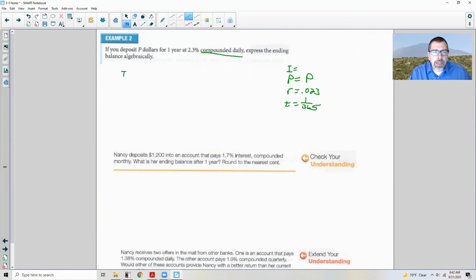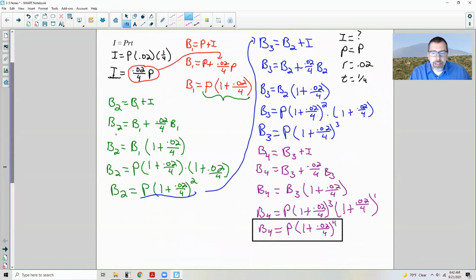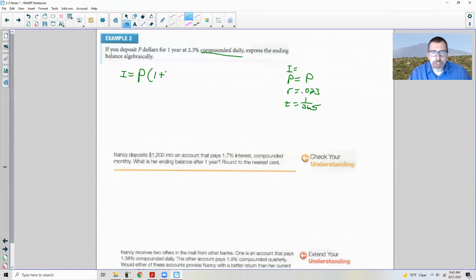So we would say I equals, and it's principal times 1 plus the rate over time to the power of time. So the rate is 0.023 divided by 365, and close the parentheses, and my exponent is the number of days in a year, which is 365. Actually it's not interest, that would be the balance, okay?